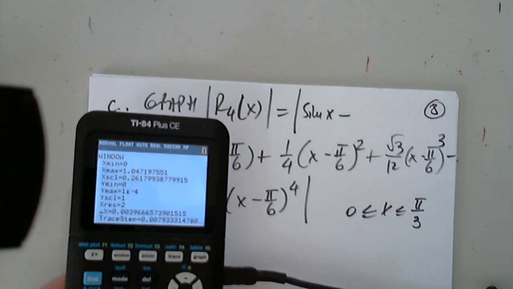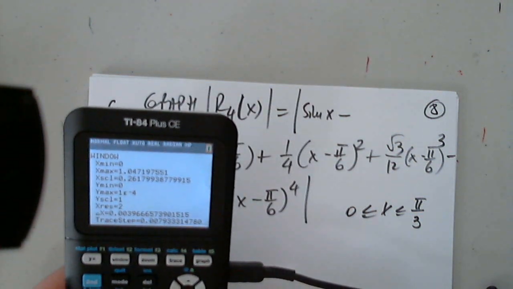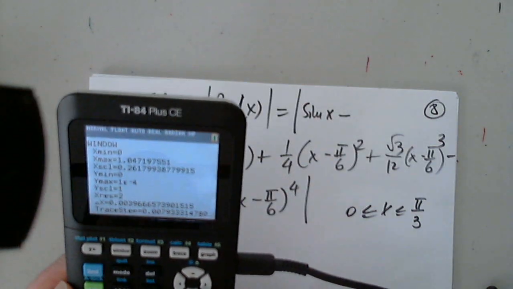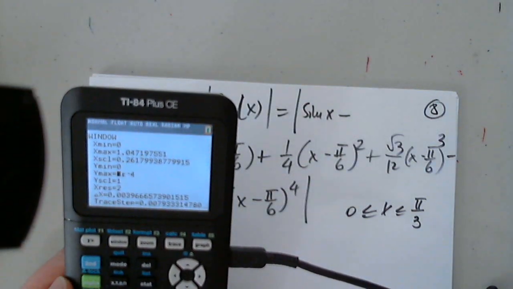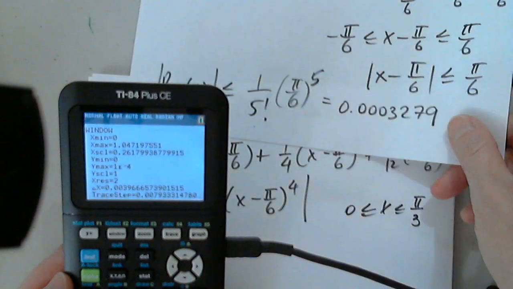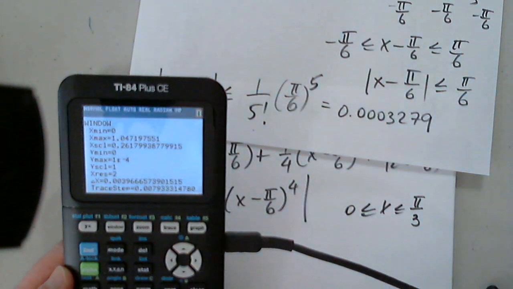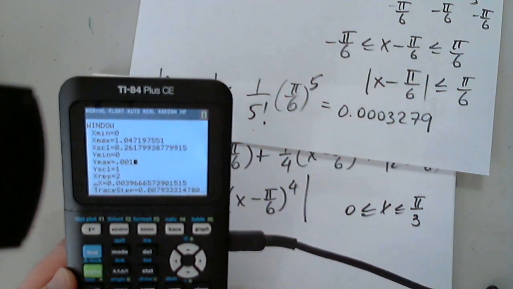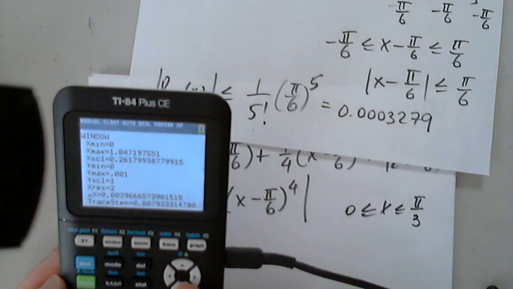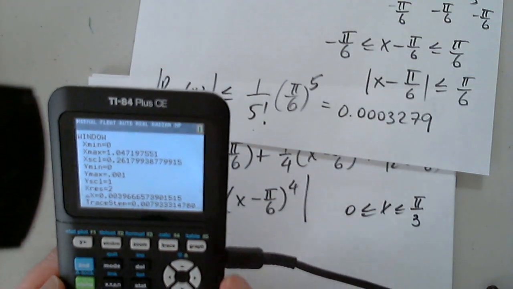Okay. Y between 0 and 0.001. Scale of 1, that's fine. So let's see what we get.